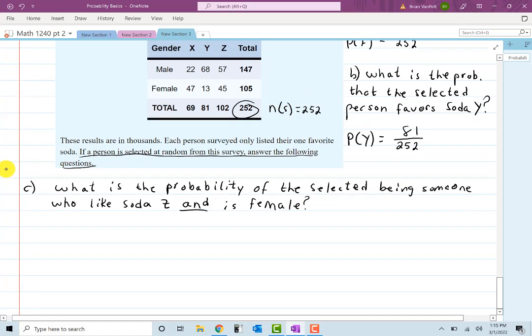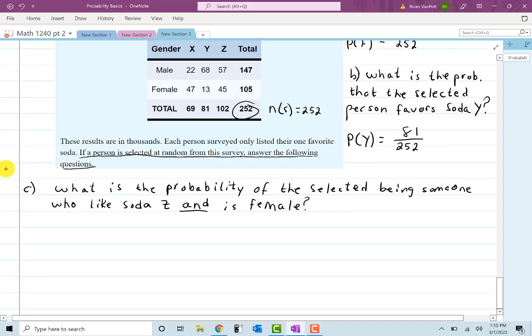Now when we look at this, we need the intersection of the column and row in this situation. So we need the intersection of female with soda Z, and that's a total of 45. So the size of this event is 45. And the probability, you could write something like Z and F, is 45 over 252.